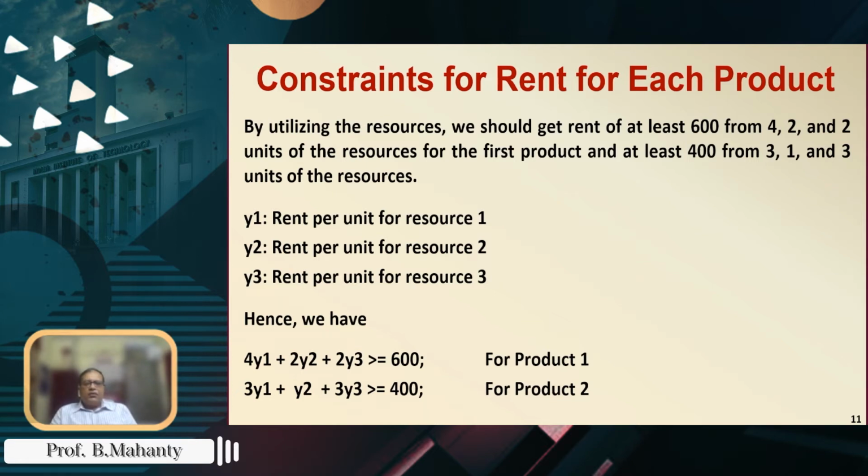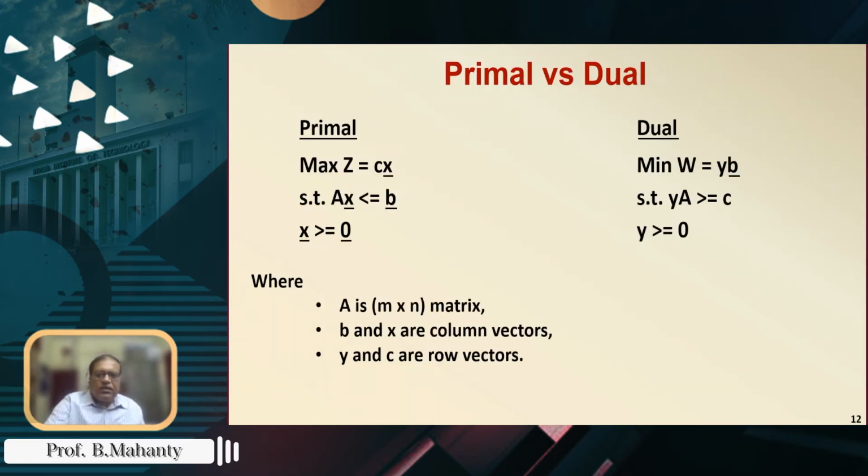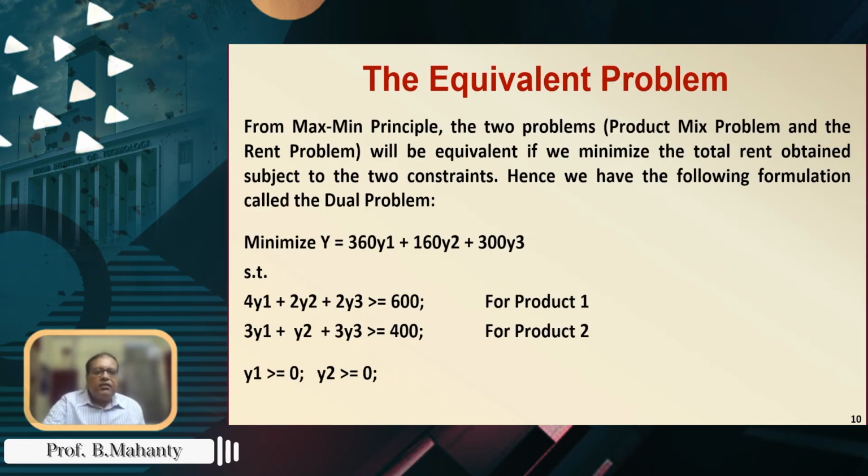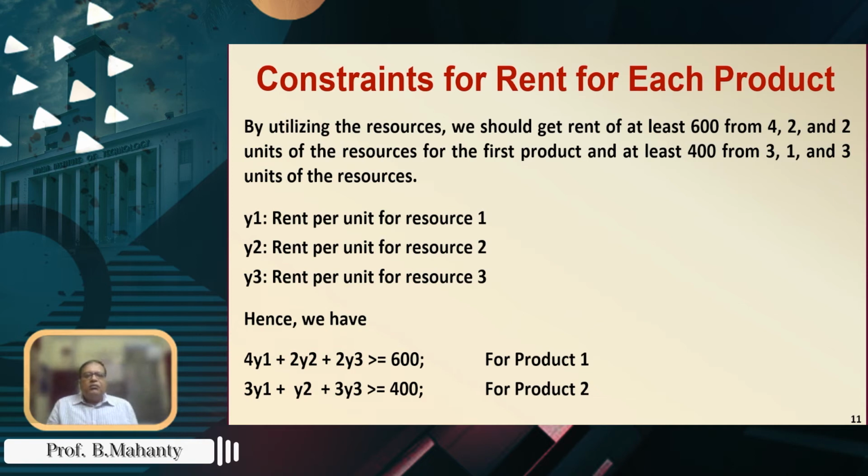So constants, already we have seen, just a minute. So let us go back, and therefore this is our equivalent problem. And by utilizing the resources, we should get rent, and these we have already seen. So those are the constraints.